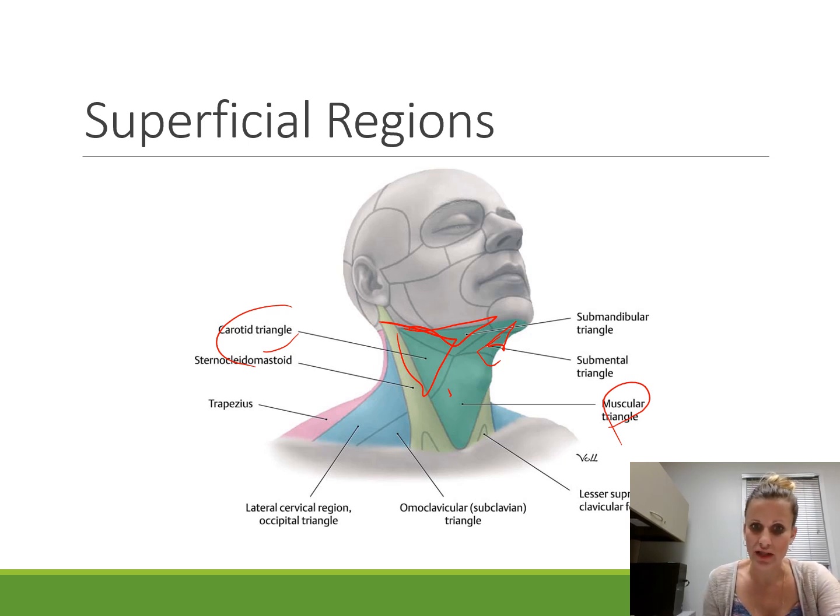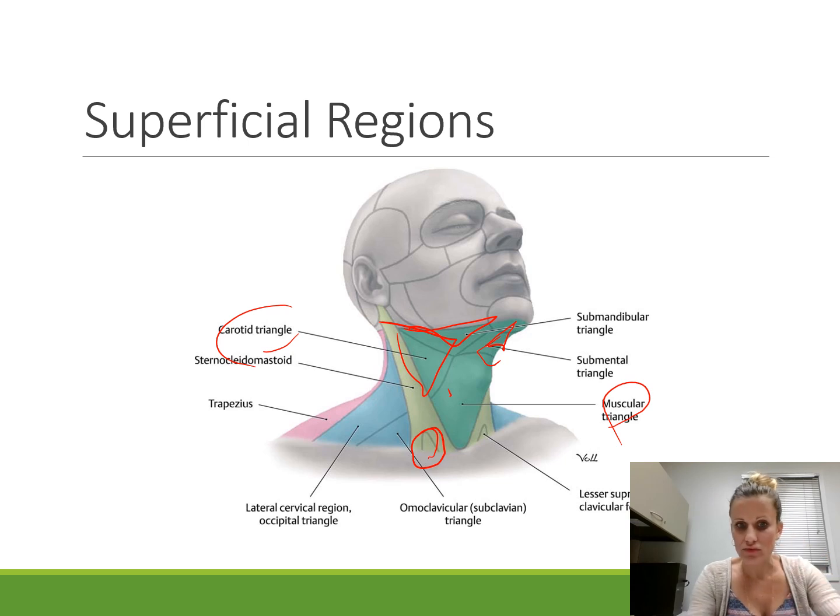Looking at the sternocleidomastoid, we see a couple different areas here. We just talked about the lesser clavicular fossa. We do have a greater clavicular fossa, which we'll look at on another slide later.